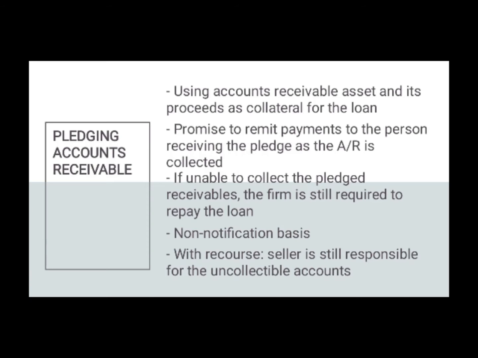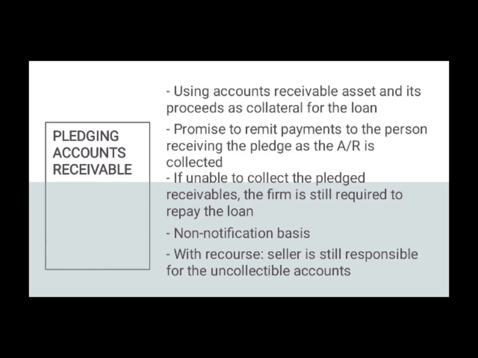Whatever receivables a firm pledges, it promises that it will collect those specific receivables, take that money, and immediately pay it over to whomever it is pledged. But if one is unable to collect the pledged receivables, one is still required to repay the loan, since pledging accounts receivable is with recourse. That means the seller is still responsible for the uncollectible accounts.